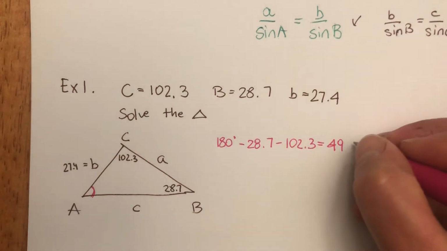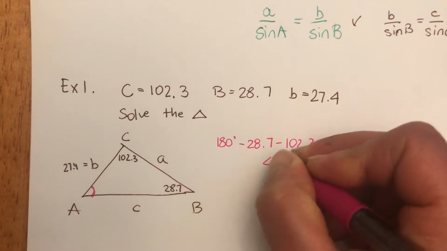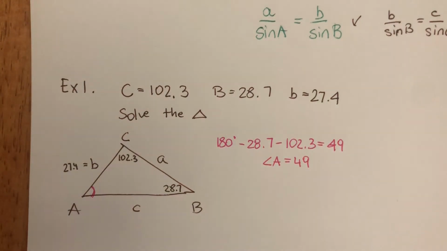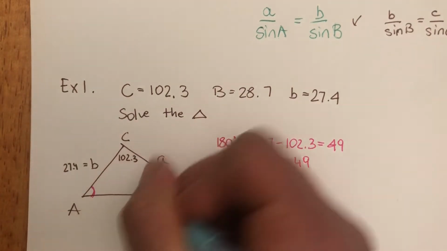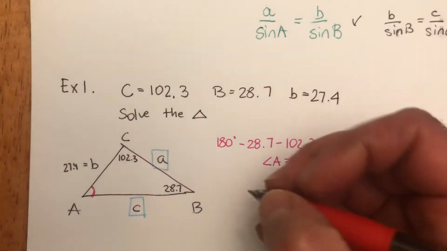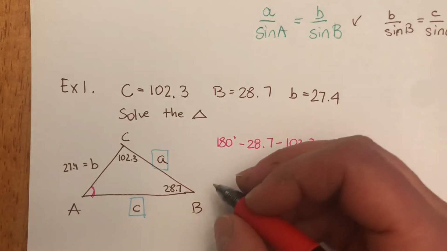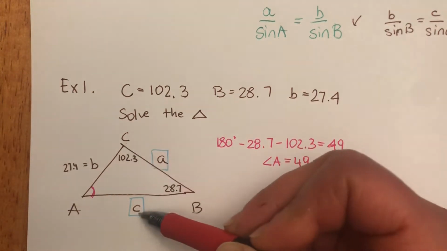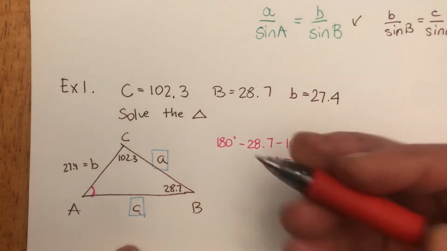So what I have is that angle A is equivalent to 49 degrees. Okay, so still I do not know my side c and my side a. So I am going to use the law of sines, and I will use the angles that are given. If I use this angle, I will be able to find the side c.